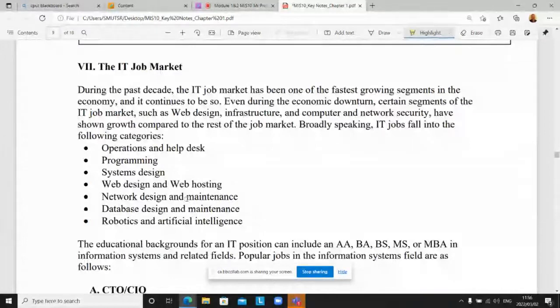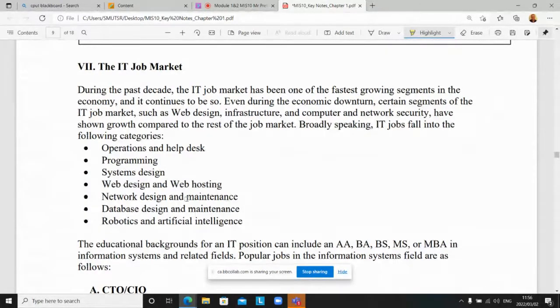I'm not going to waste your time with the IT job market, only in an accounting context. What I would like to know from you is, are there IT jobs for accountants? That is my lecturer question to my students. Do you feel there are IT jobs for accountants? And maybe provide an example.